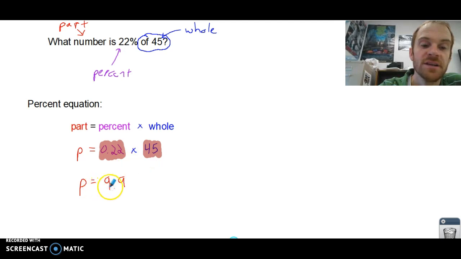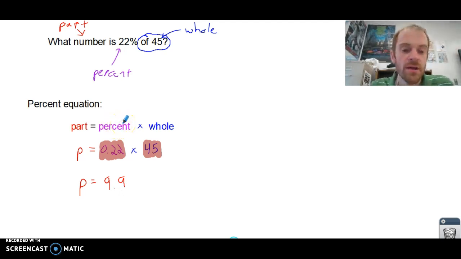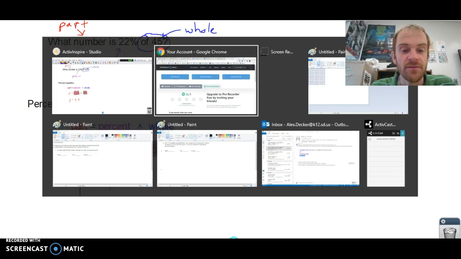And so I find that 22% of 45 is actually the number 9.9. Okay. But in every single one of these, I'm always trying to identify what's part, what's whole, and what's the percentage. Well, let's look at this in terms of tax and discounts.